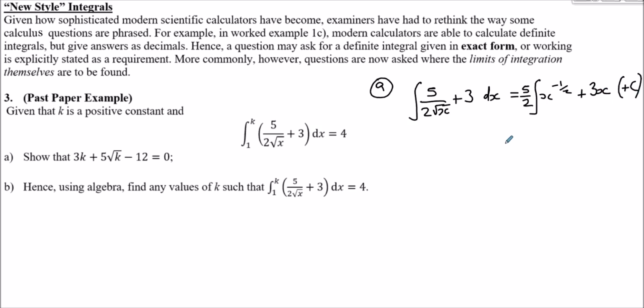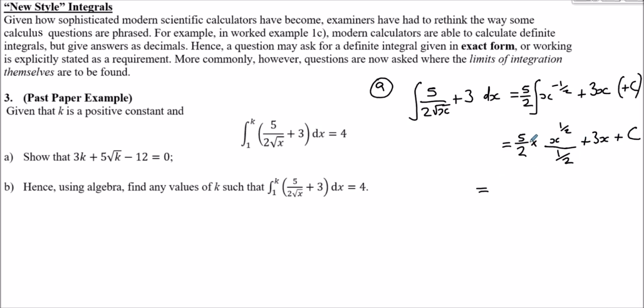If I now slightly neaten this up, so 5 over 2, x to the minus a half, I'm going to add 1 to the power, which becomes a half. But then, of course, you divide by the new power, so I'm going to divide that by the half, plus 3x, plus c.